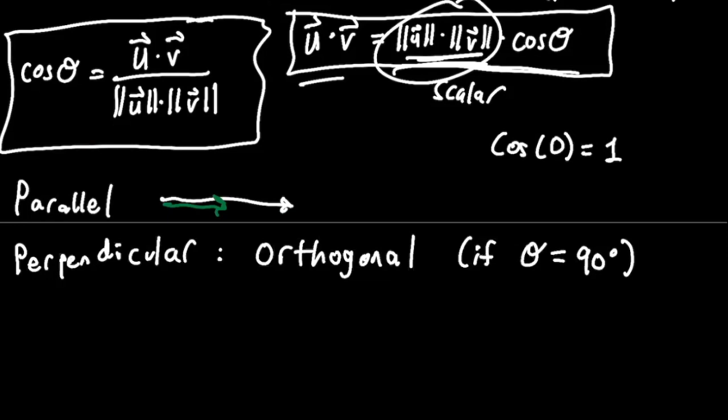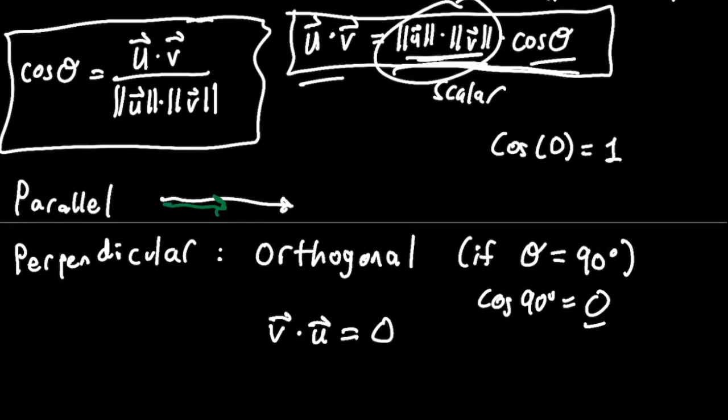Vectors are orthogonal if theta is 90 degrees, and notice that cosine of 90 degrees is 0. So the dot product between two orthogonal vectors or perpendicular vectors is equal to the magnitudes times 0. So it's equal to 0.